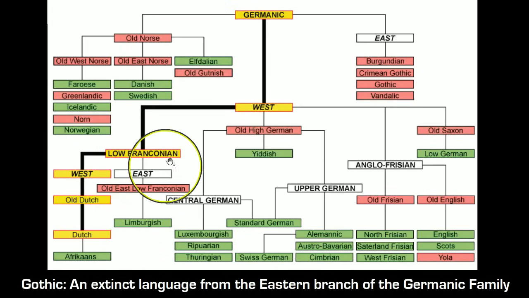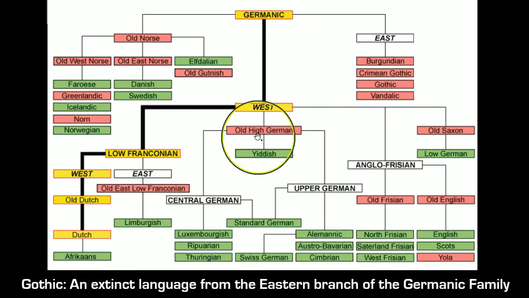The Western branch includes everything from this thing that became Dutch, which is the Franconian branch, the Old High German branch that becomes Upper and Central German. Standard German is essentially derived from that, as well as Austro-Bavarian and Swiss German. So anyway, the different kinds of German that are spoken together.